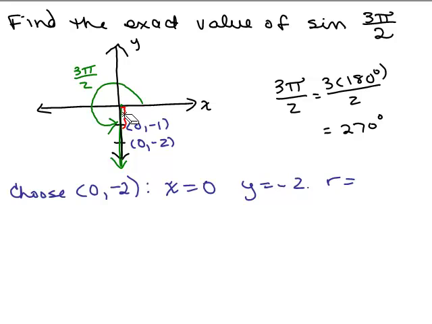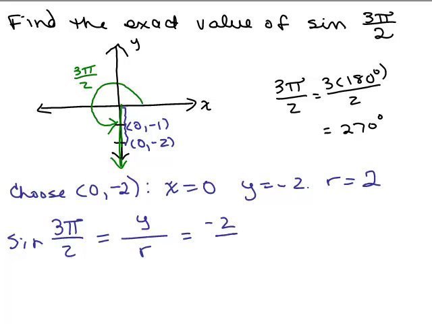In other words, let's see, how far is it from the origin to 0, -2? How far is this distance here? And that's just 2 spaces. So again, to figure out the sine of 3 pi over 2, we do y over r. So we would do -2 over 2, which gives us -1 again.